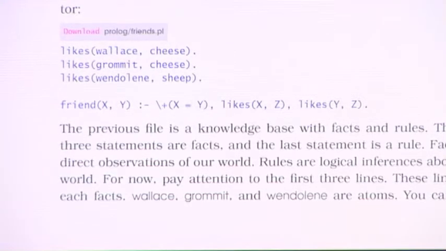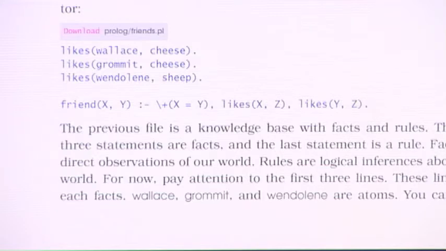X and Y are friends if X is not equal to Y. The backslash plus is a negation operator, so X does not equal Y. Comma, saying that there are more conditions: X likes some unknown Z, and Y also likes some unknown Z. So two people are friends if they like the same thing, whatever that thing may be, and they're not the same. So Wallace and Wallace can't be friends.